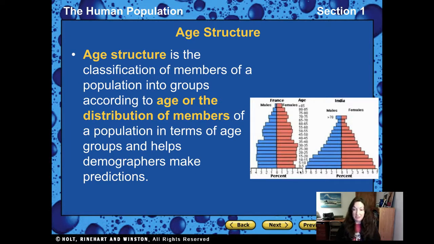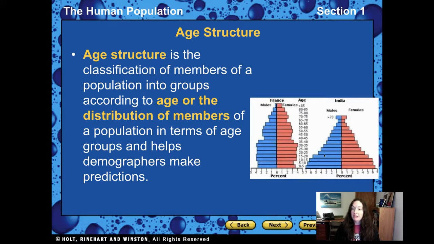So population pyramids generally have a range from 0 to 4 or 0 to 5 years. And it shows all the people that are in that age range in that population. So you can see in this population here, you have about the same number of people in most age ranges going up to about 40 years old. And then it starts to get smaller. So it's a pretty straight up and down pyramid, if you will.